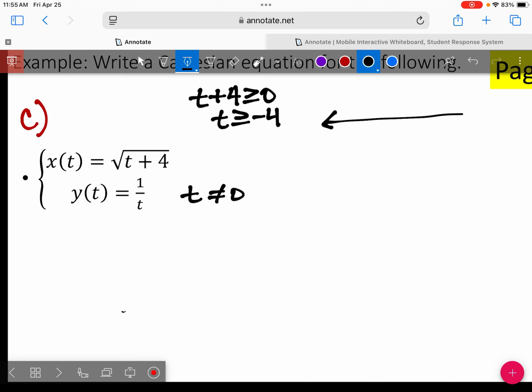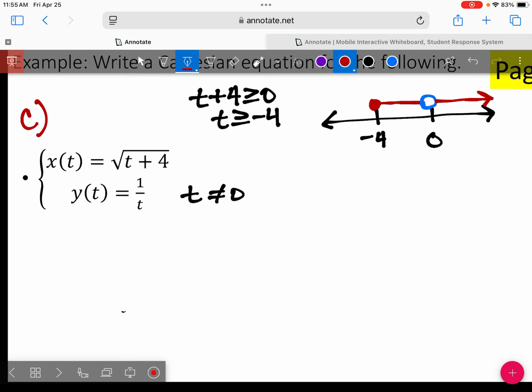On the number line, if this is -4 and this is 0, I'm saying that I can start here and I can go here, but when I get there, I need to stop. I have an open circle. So if you look at your second equation, which is your y parameter, notice that we're dividing by t. And there's only 2 red lights.